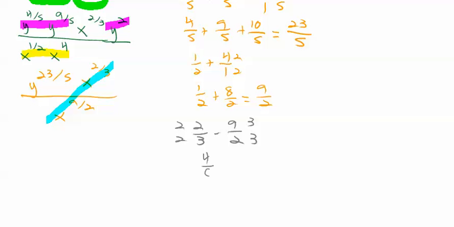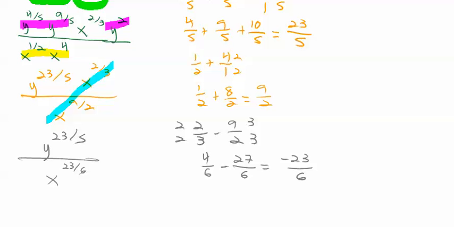So we've got 4/6 minus 27/6, which is -23/6. Now because that's negative, we're going to move the x to the denominator with a positive exponent, 23/6. And in the numerator, y to the 23/5. There are no negative exponents, no parentheses, a single x, a single y. This is our final answer.